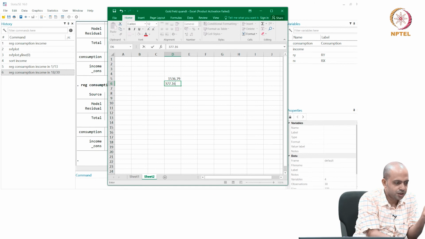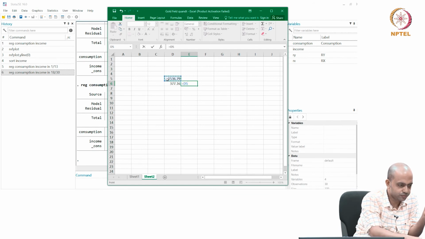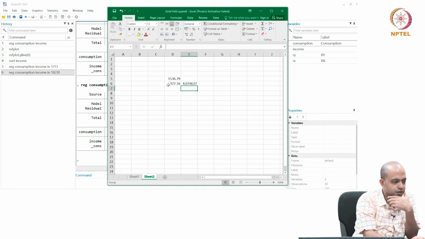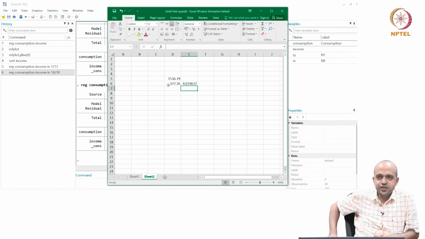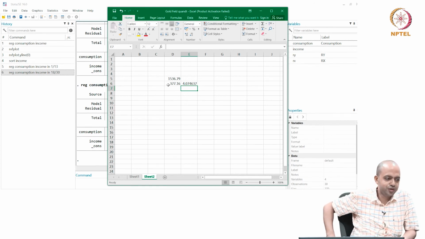If you divide this by this, that is your F statistic. So, basically what you have to do is RSS2 by RSS1, which is 4.79.